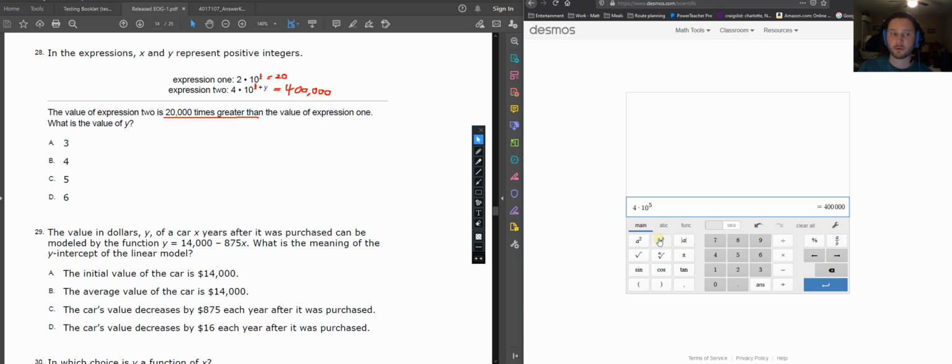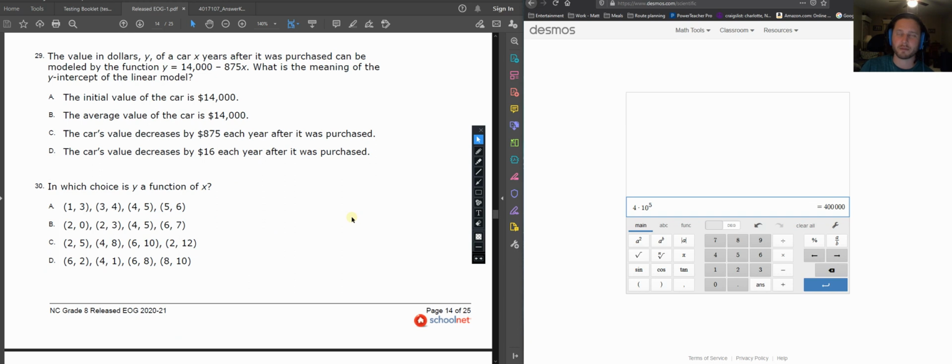Oh, 400,000. So that's a 5, which would be 1 plus 4. So the answer to number 28, we get 4 by plugging in all the different answers for that one. It's not the most efficient, but it's important to note that those types of questions will likely always appear in the calculator active section and will likely always be multiple choice, at least at this grade level.